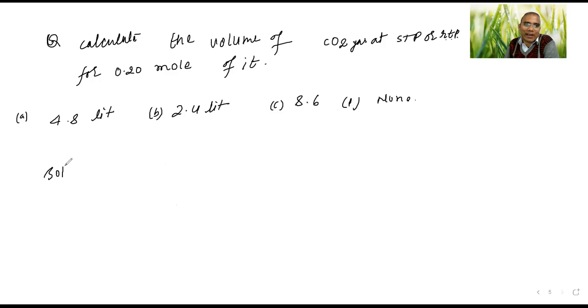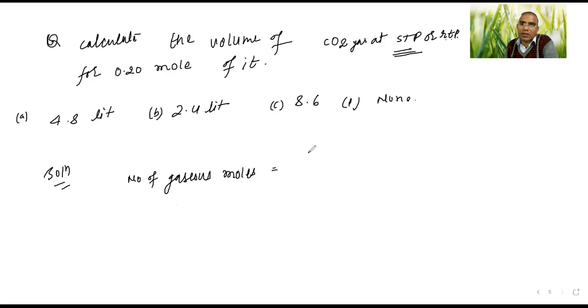Now I am telling you a little bit. Number of mole is equal to number of gaseous mole. You can use given mass upon molar mass, but given mass is not there here. Mole is there, and STP is there.